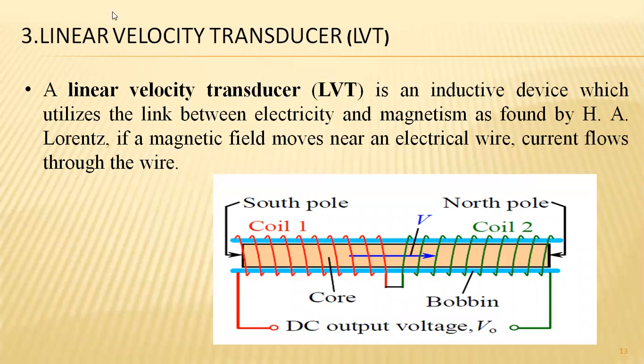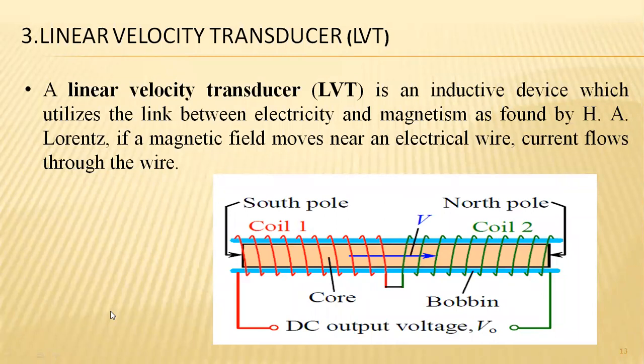Thirdly, the linear velocity transducer. It's an inductive device which utilizes a link between electricity and the magnetic reactions identified by the scientist H.A. Lorentz.